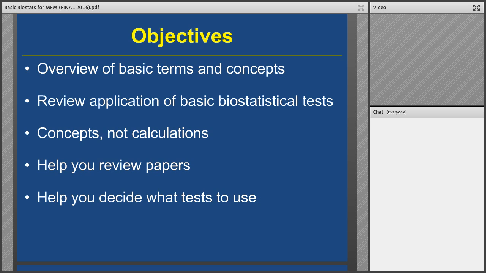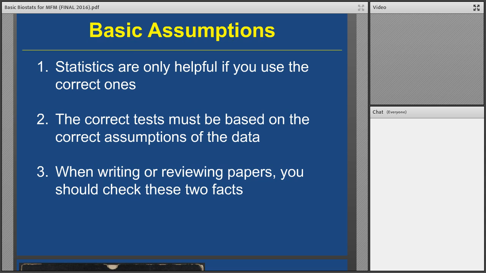And we're going to come up with some concepts to help you review papers for the green journal or the gray journal or the other journals that we review for. And hopefully it's going to help you write papers and come up with your own research results, helping you decide what tests to use. So very practical talk today.